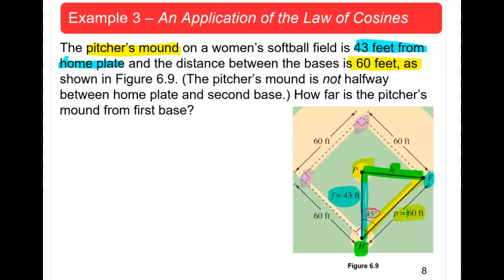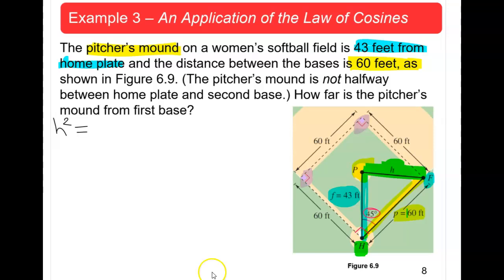So now the question is, how far is the pitcher's mound from first base? So the question here is for H. That's our big question. So let's see. H is in lowercase, so it's one of the sides.